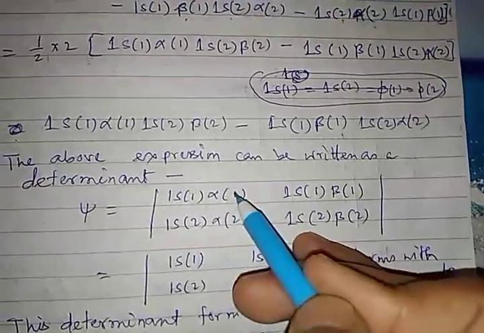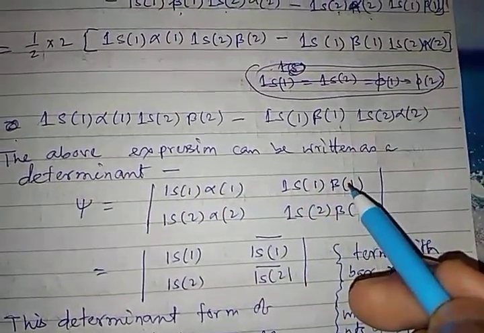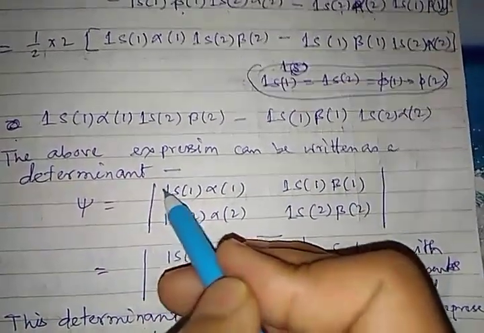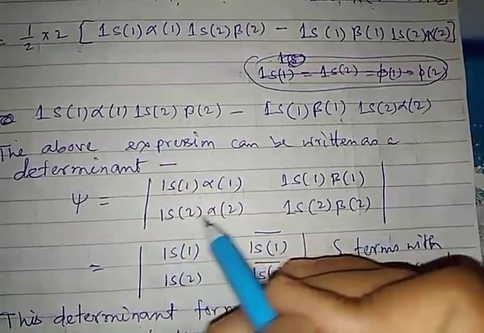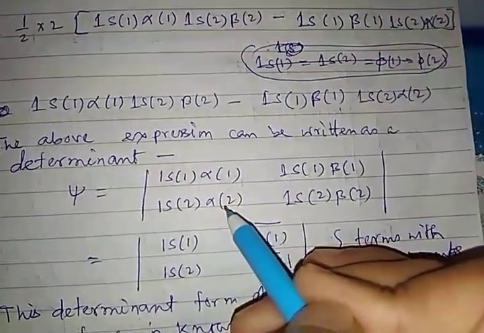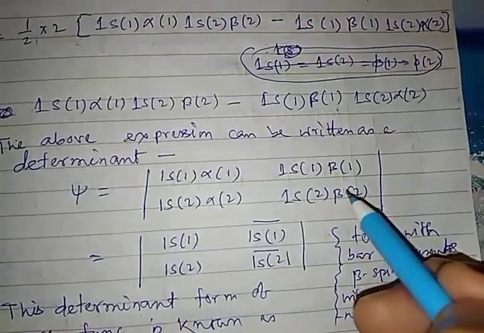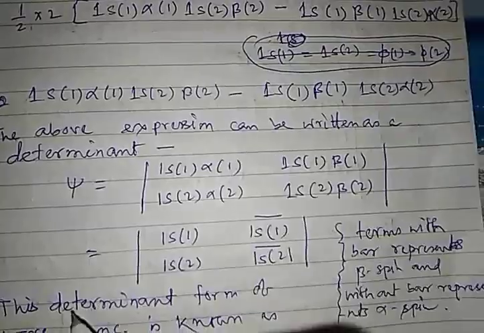For the first element it will be spin alpha, then for the second element beta. Similarly, the second row is for the second electron, with alpha as the first element and beta spin as the second element.